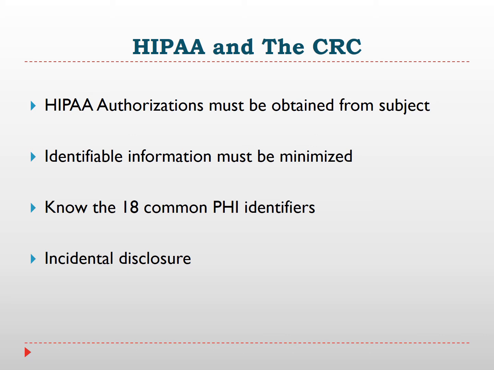So the whole idea behind HIPAA is that we are going to treat PHI very carefully, and we're going to be very judicious about how we share PHI. It's only on a need-to-know basis. However, there's something called incidental disclosure, and so in the course of providing medical care or coordinating clinical research activities, sometimes information might be disclosed unintendedly. A good example is rounding.